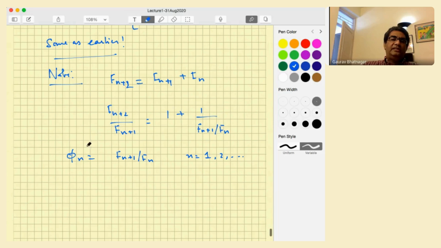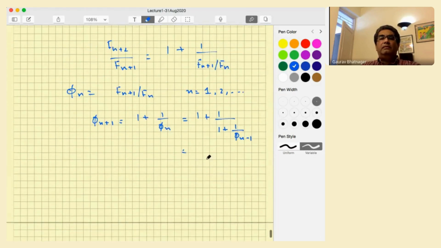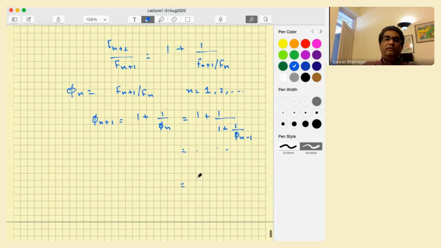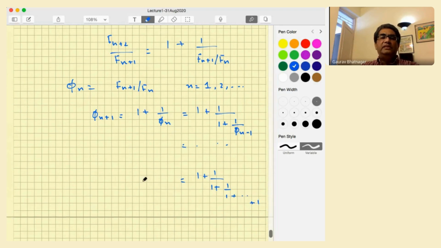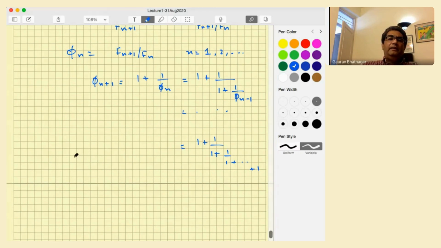So what this is telling you is that phi of n plus 1 is equal to 1 plus 1 over phi of n, which is 1 plus 1 over 1 plus 1 over phi of n minus 1, and so on. So this animal is called a continued fraction.